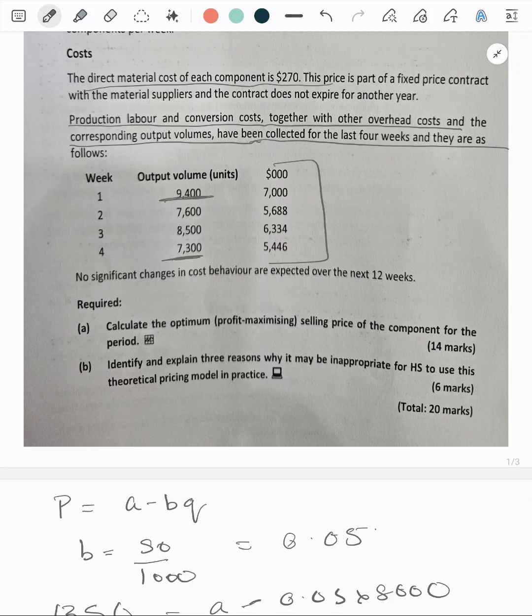The model depends on the market structure being one of perfect competition, monopolistic competition, monopoly, or oligopoly. While the market is highly competitive, it is unlikely that there is perfect competition, and so it would not be appropriate to apply the theoretical pricing model here.